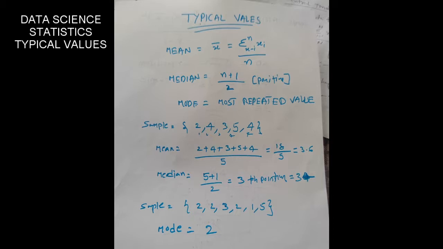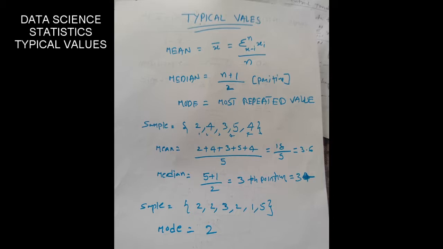So 5 plus 1 divided by 2, that means 6 by 2, that means 3. But 3 is not the median; we need to see what is the third element in our given data. Our third element position is 3, right? So 3 will be the median.